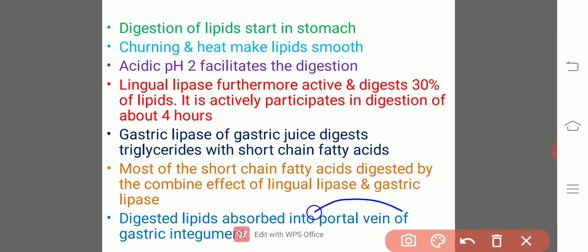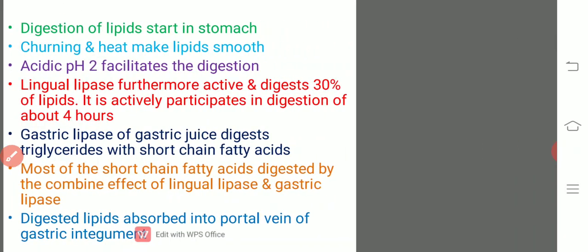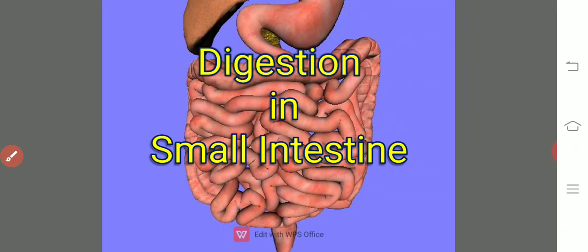So here some lipids get digested, and the digested lipids are absorbed into the portal vein of the gastric integument. And coming to the third portion, which is very, very important for the digestion of lipids: digestion of lipids in the small intestine.